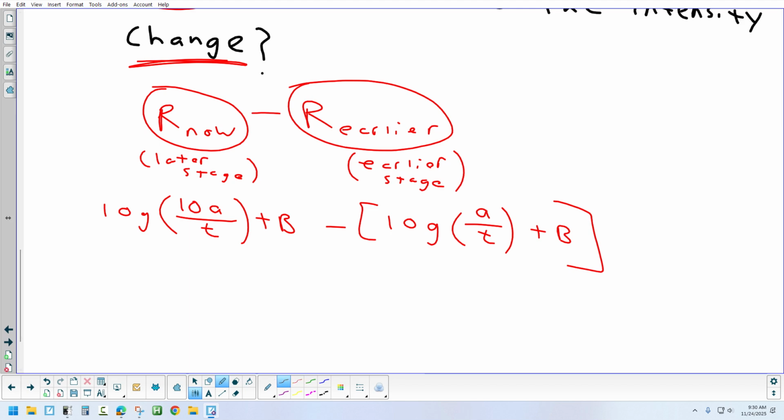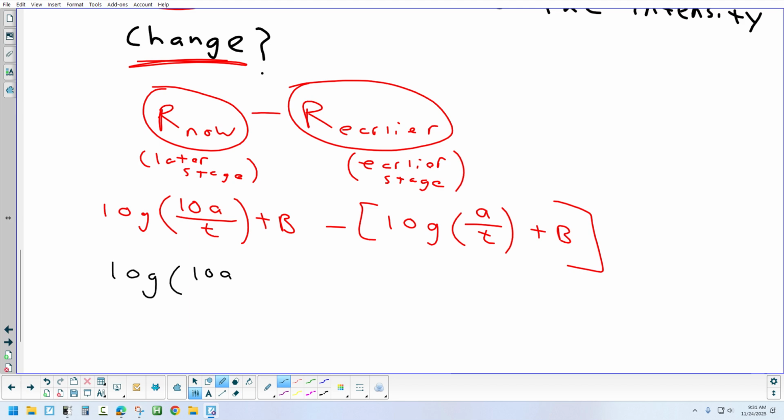What could I do first here? Could you just bring the negative sign to the log? Yeah, distribute the negative. What would you get when you distribute it?